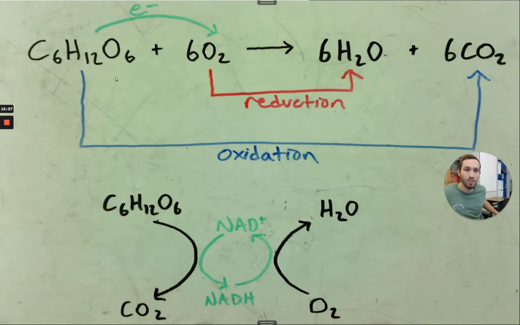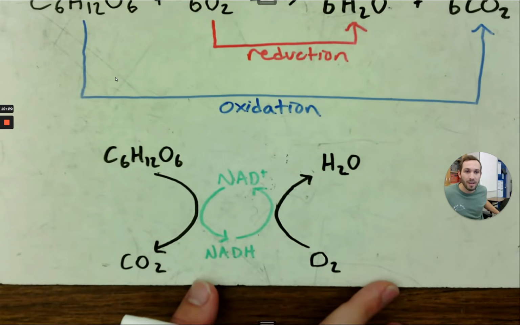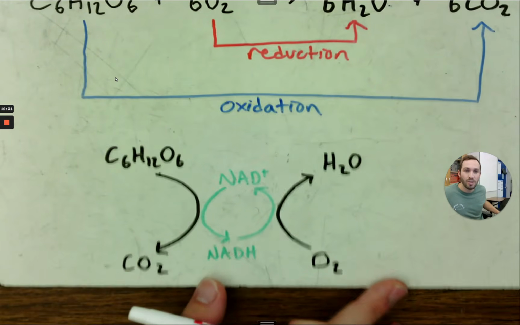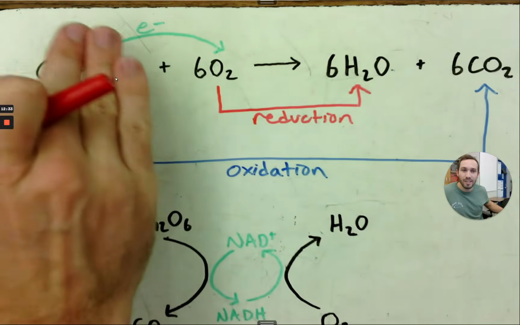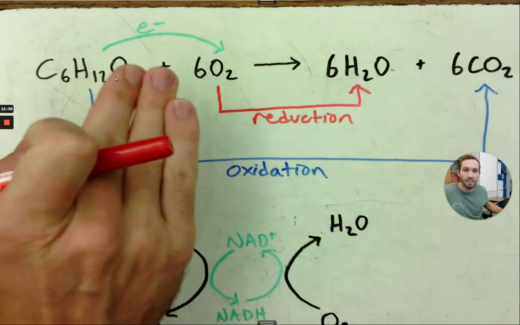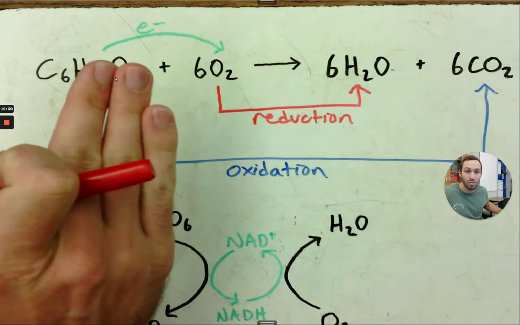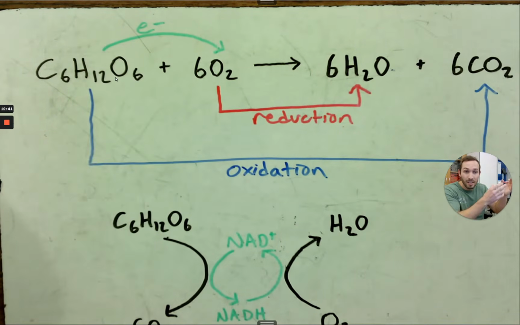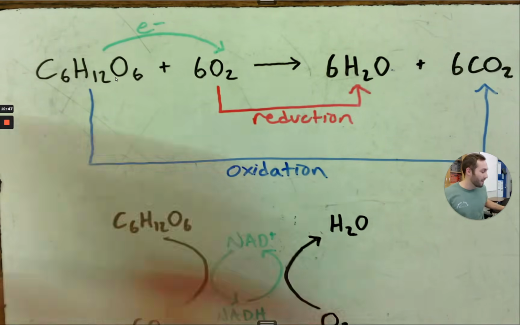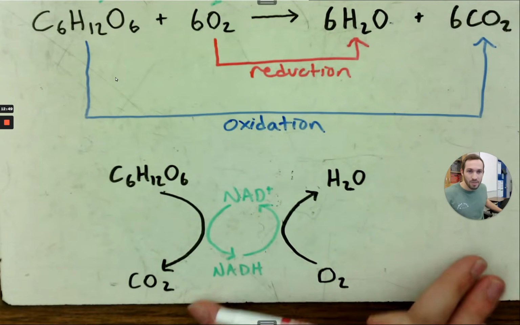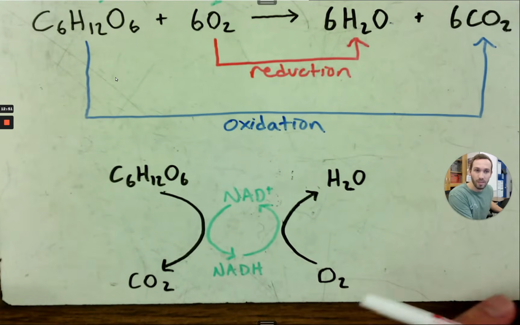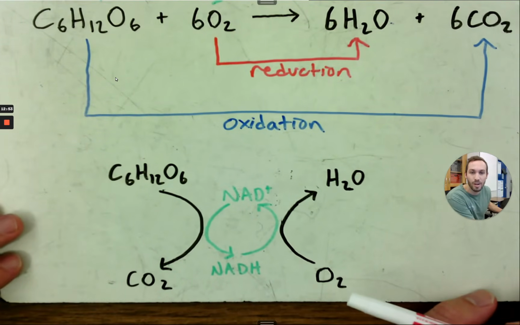Now, to make this one step more complicated, in topic 1, it talks about how to move these electrons from glucose to oxygen, and that's going to involve electron carrier molecules. These are molecules whose job is to literally carry the electrons from one molecule to a different molecule. That's their whole job. There are a few different types of electron carrier molecules that we're going to talk about in Unit 3.